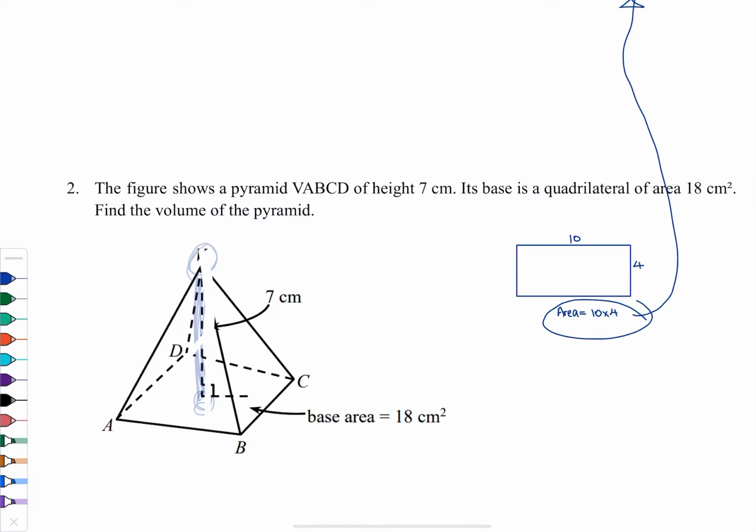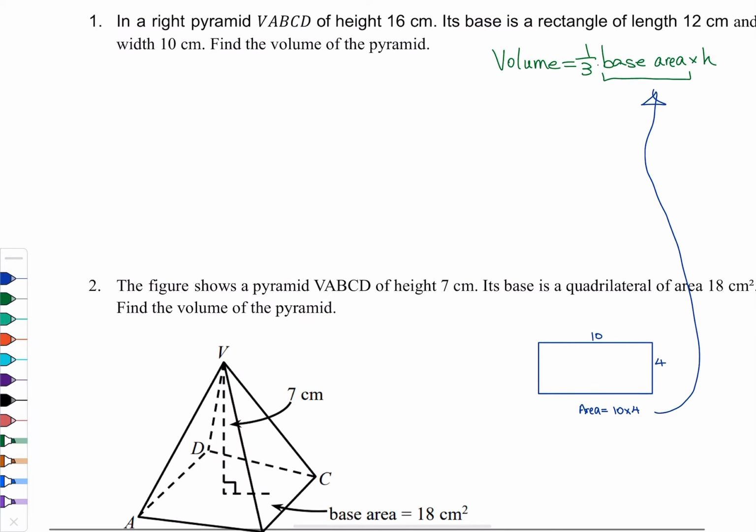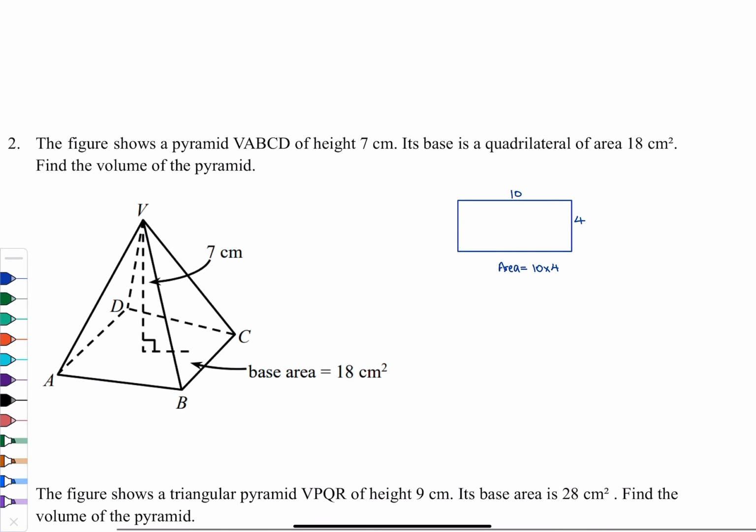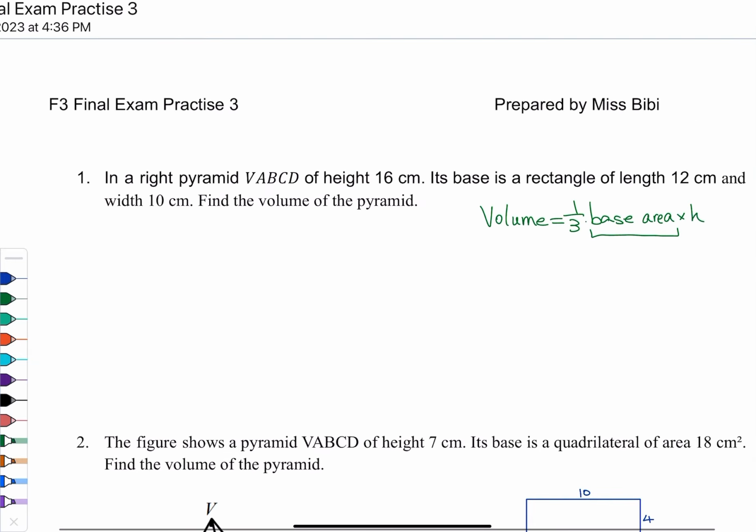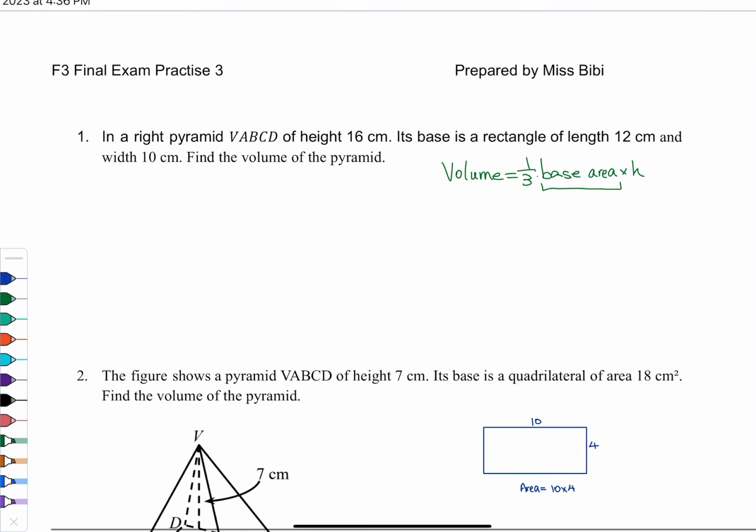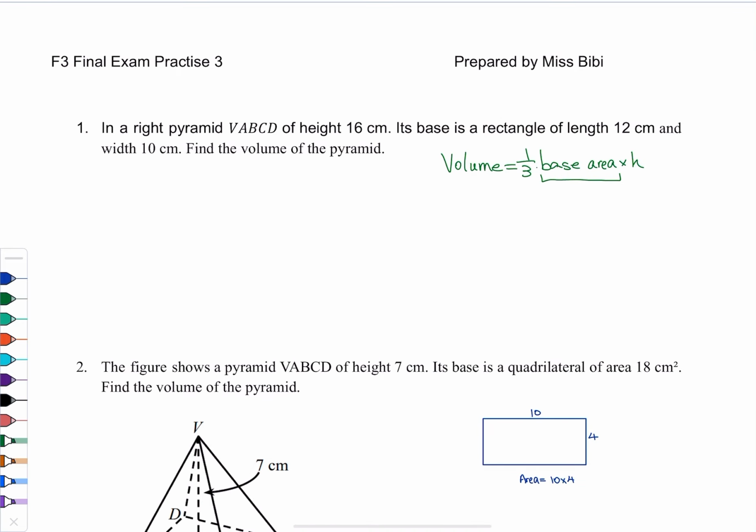Okay, good. Let's move on. We don't just have rectangle, of course. We have other shapes like trapezium, triangles, squares, circles, or anything. But let's go with rectangle first because that's what it is in the first question.